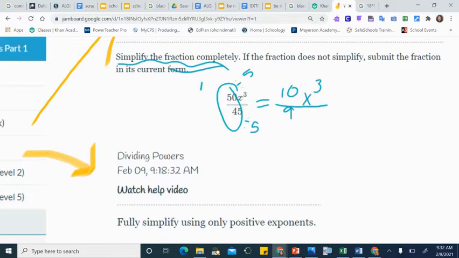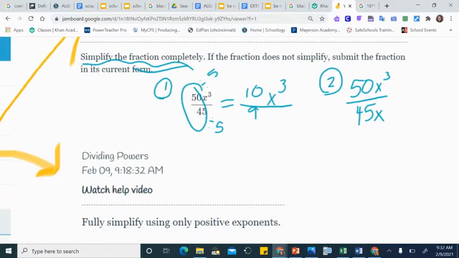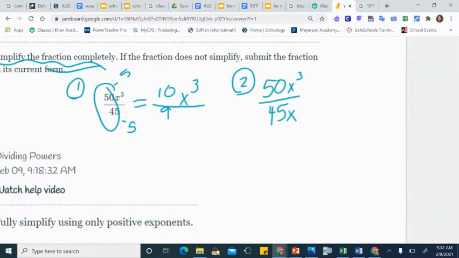We're going to call this example 1. Now, if we had example 2, where it said 50x cubed divided by 45x, well, now we deal with the 50 and the 45 again, divide them both by 5. That's our common factor. But we also need to deal with these x cubes and this x.